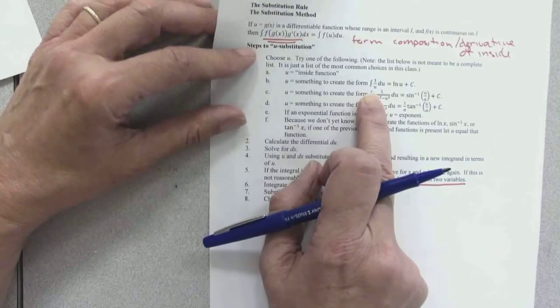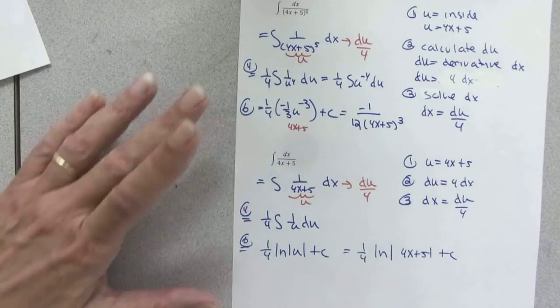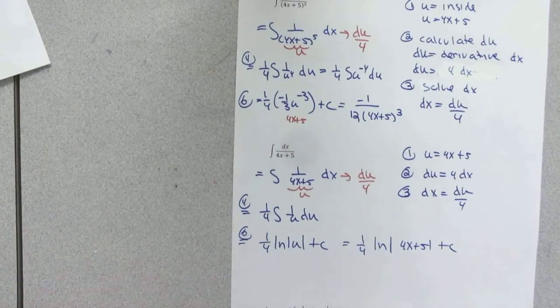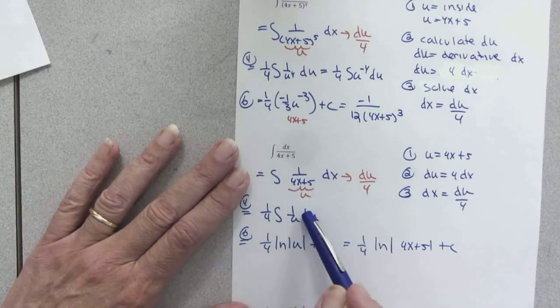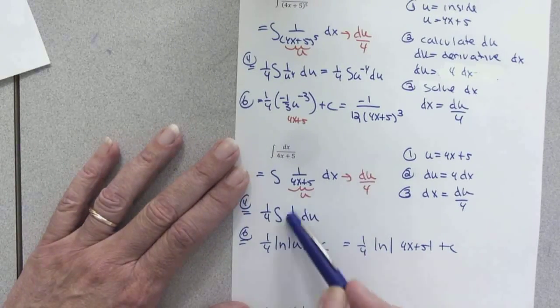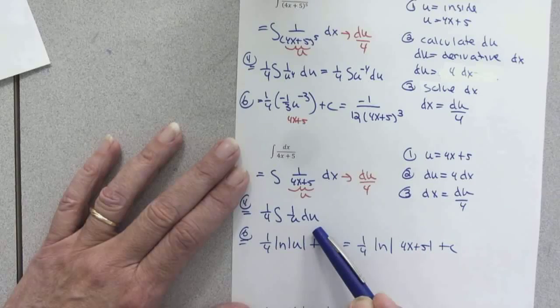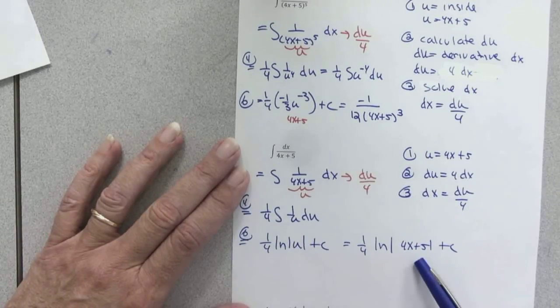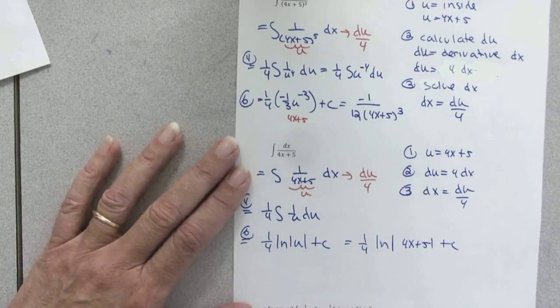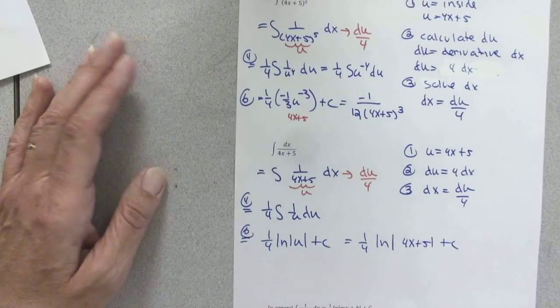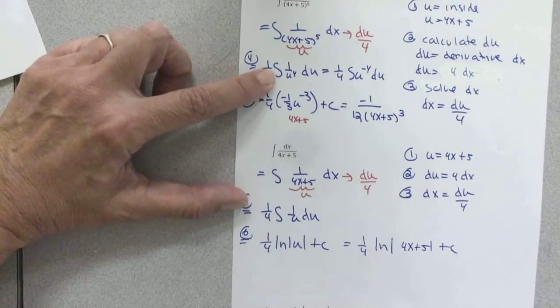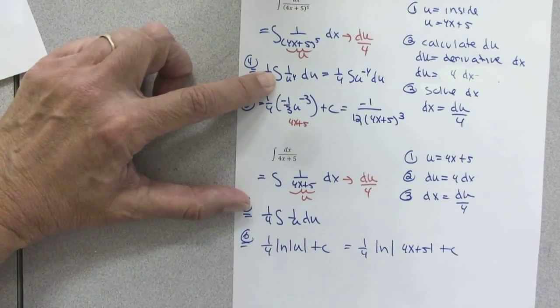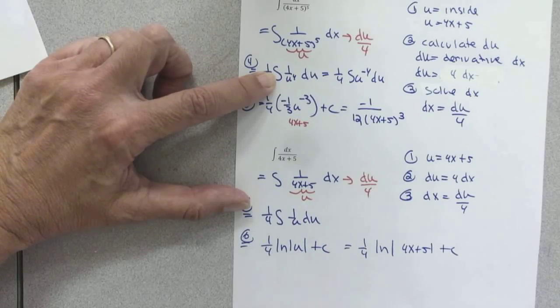That's one of our known forms. And so very frequently, you will see substitutions that will create 1 over u du. And anytime you create 1 over u du, it's going to integrate to a natural log. And only the form 1 over u du. 1 over u to the 4th did not integrate to a natural log.